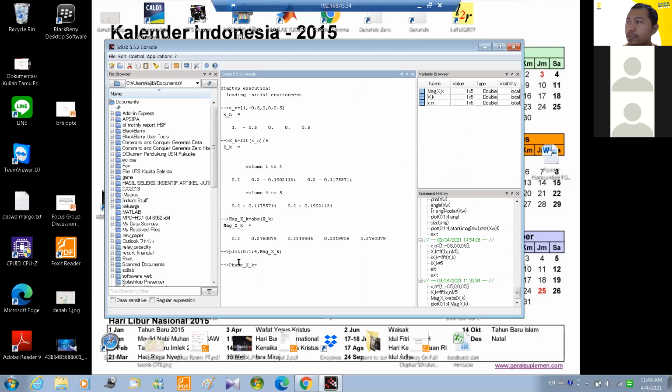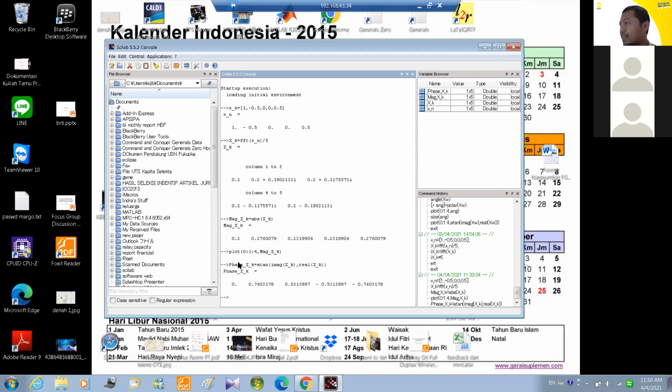In Scilab we use the command atan of the imaginary part of Xk, because a complex number consists of imaginary and real parts, and then the real component of Xk. Then done.